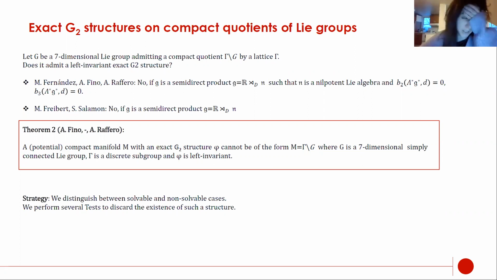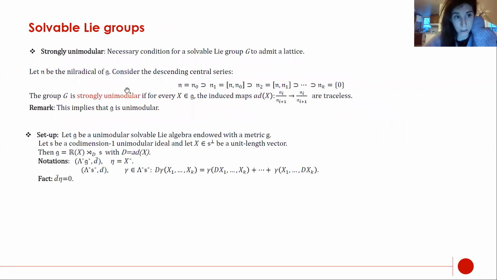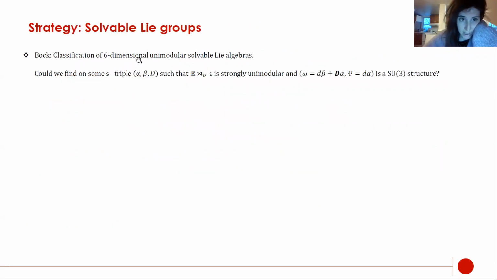Yeah, the issue with this problem is that we relied a lot on the classification of Bock for unimodular solvable Lie algebras in this dimension. Given one, we can check whether it admits an exact G2 structure, but we don't really have very general arguments that one can use in all the cases.